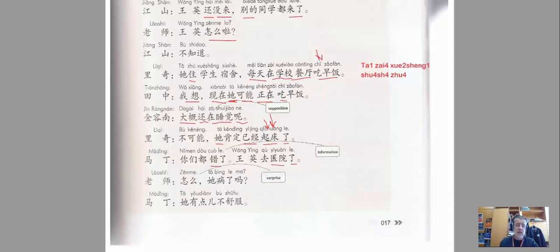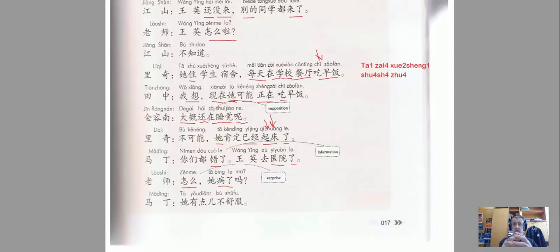Then the teacher asked the question, 怎么? 她病了吗? Now here, the 怎么, as it says there, expresses surprise, and I guess we would interpret that as "what?" 她病了吗? Is she sick? Now this 病了, again, this is about both completion of the process of becoming sick.